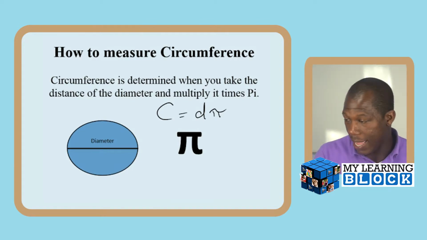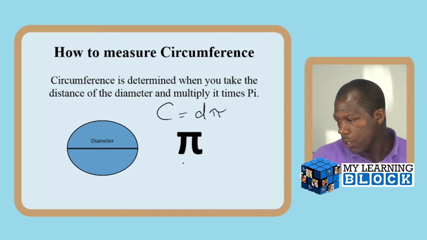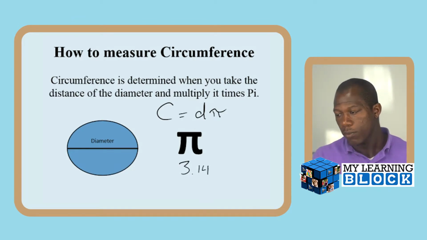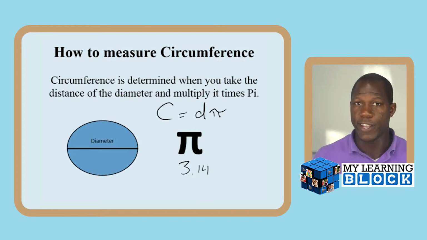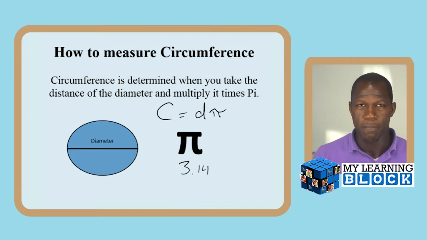But pi is, for what we're going to use, 3.14. All right, so it really is very, very long. People have written books about this number, and it's amazing. I've never read them because I don't really like numbers that much.